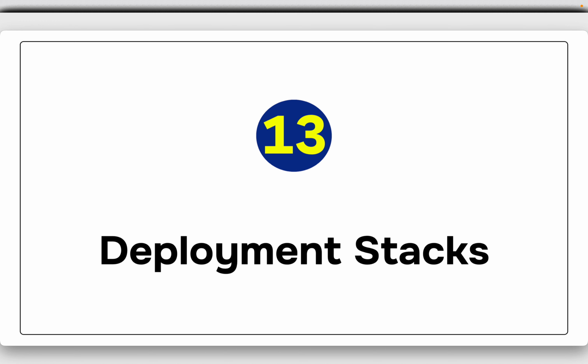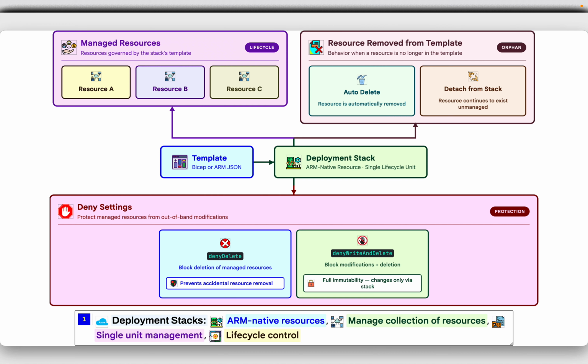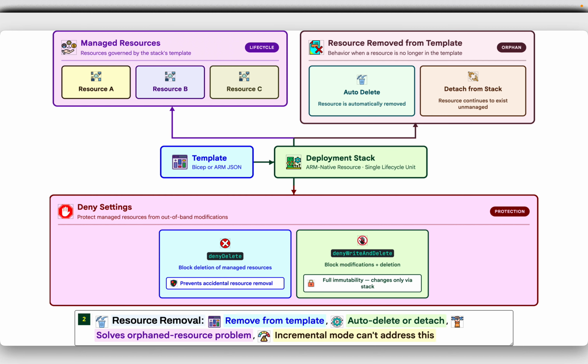13th topic is deployment stacks. Deployment stacks are ARM native resources that manage a collection of resources as a single unit with lifecycle control. When a resource is removed from the template, the stack can auto-delete or detach it.